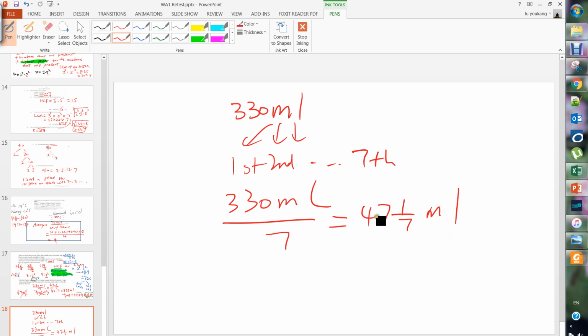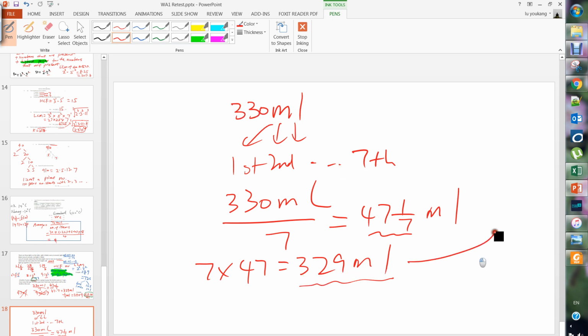Now you need to split this. How do you split this? The way you split is, you find out 7 times 47 is what? 329 milliliter, right? So compare this 329 milliliter to this 330. So what is left?